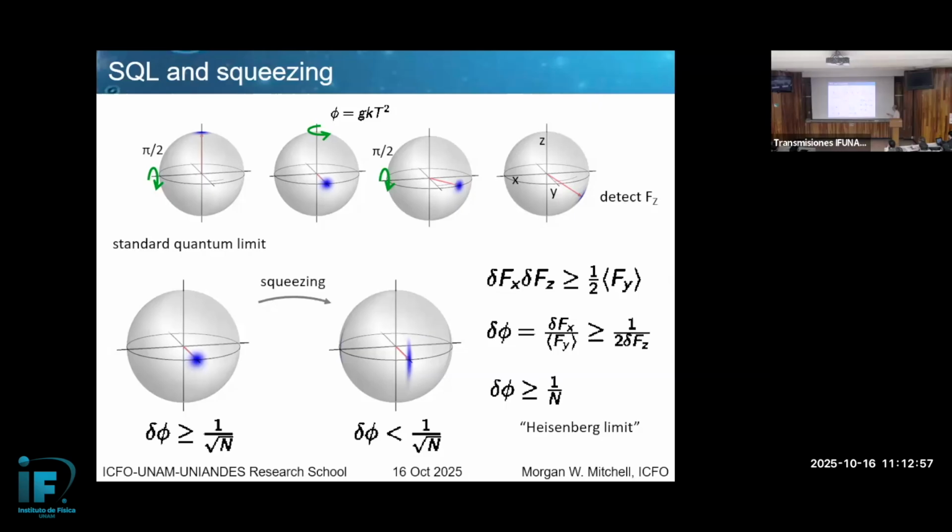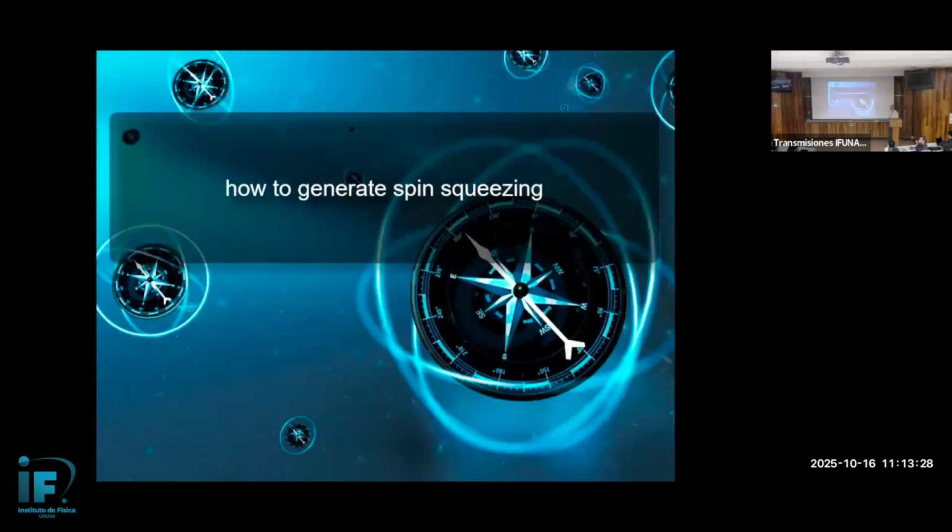And thinking about delta Fz, it cannot be larger than the maximum Fz minus the minimum Fz. And so that is then n over 2. And that gives us delta phi is greater than or equal to 1 over n, and that's known as the Heisenberg limit. So with spin squeezing, you could, in principle, get to this 1 over n uncertainty, which is much better than this 1 over square root of n uncertainty if n is large. You have a large number of atoms.